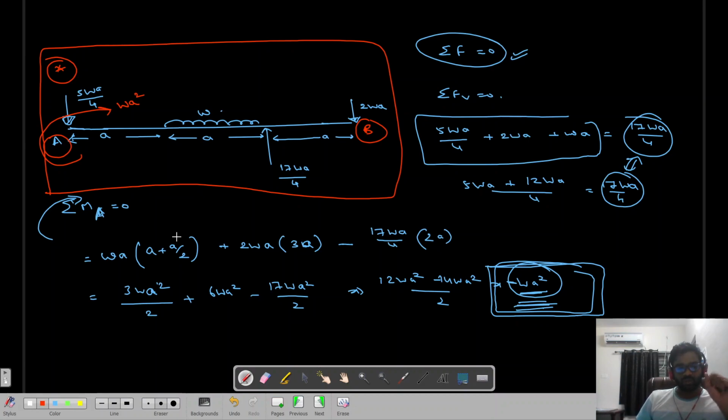Okay, so this is how we derive, or we draw, the loading diagram from the given shear force diagram.